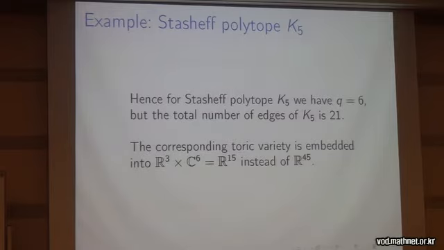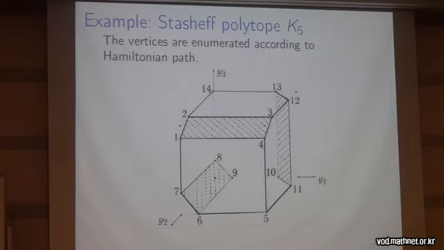And maybe you already see that the number of distinct isotropy subgroups in case of projective toric variety is actually the number of edges up to parallel edges. So you can see that, let me show you the Stasheff polytope.